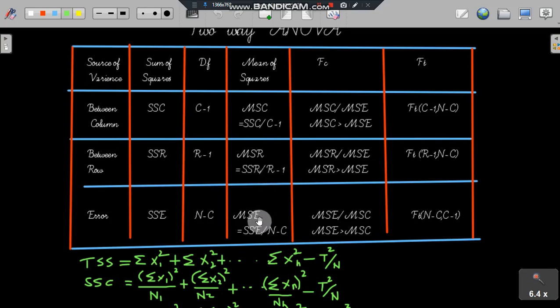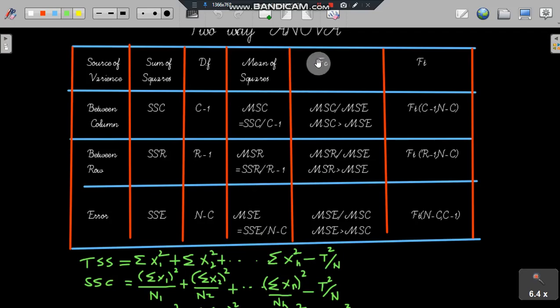The last one is mean square error, which is sum of squares error divided by n minus c, the degrees of freedom. So this way we can calculate MSC, mean square column wise, MSR, mean square row wise, and MSE, mean square error.